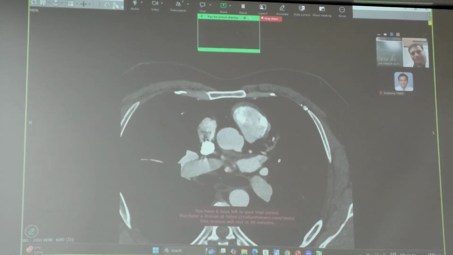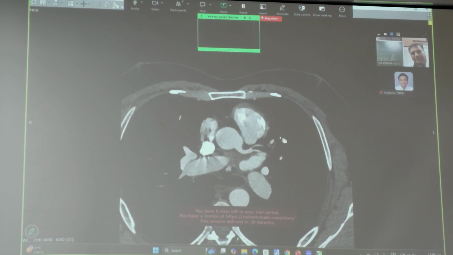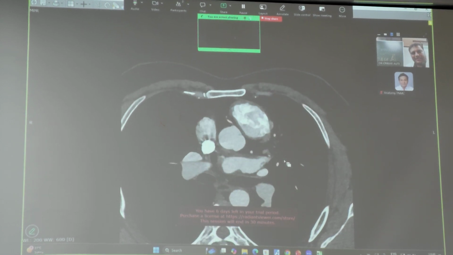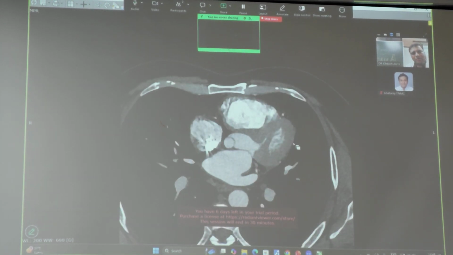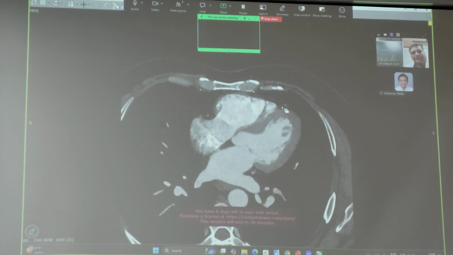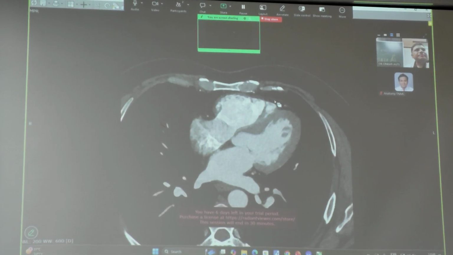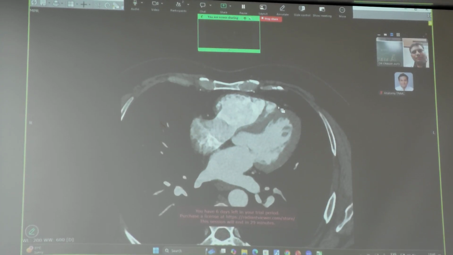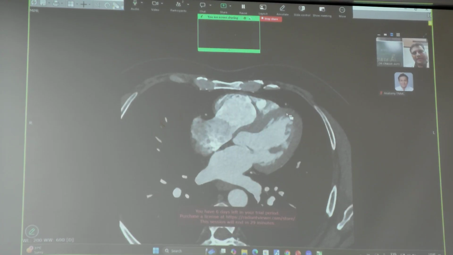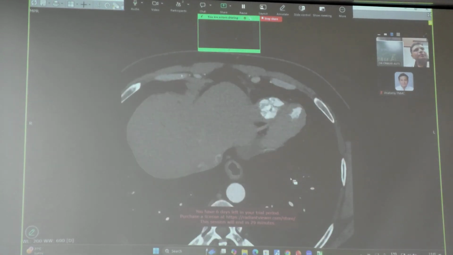So if you just follow the LAD, just follow this thread over here, this is your left anterior descending coronary artery, LAD. It goes into the interventricular groove, anterior interventricular groove. So these are two ventricles, right ventricle and left ventricle. So the groove in that is called the anterior interventricular groove, and the LAD travels in that groove.